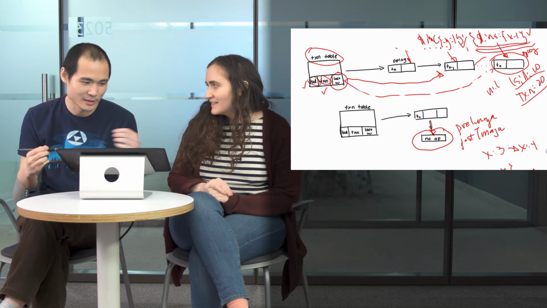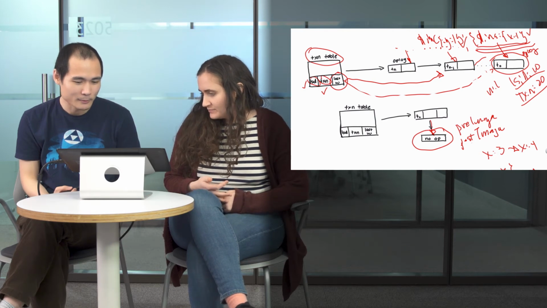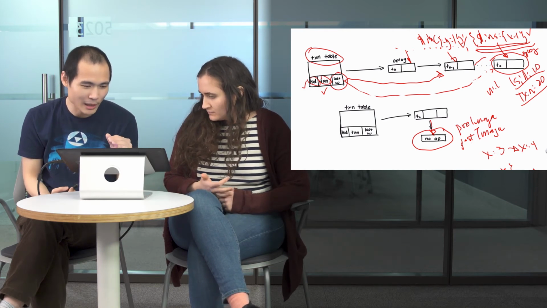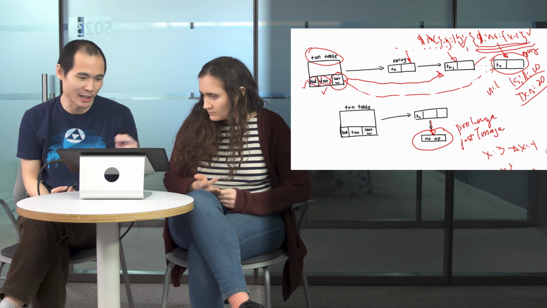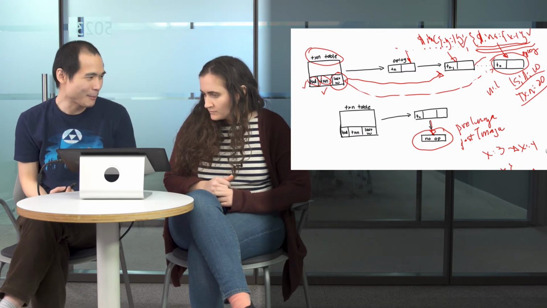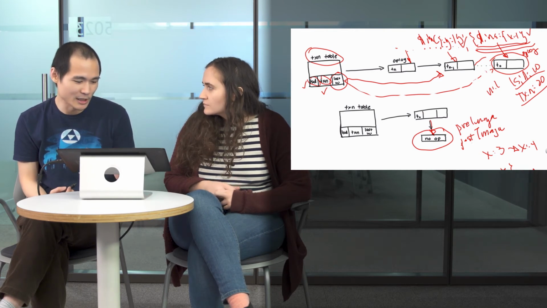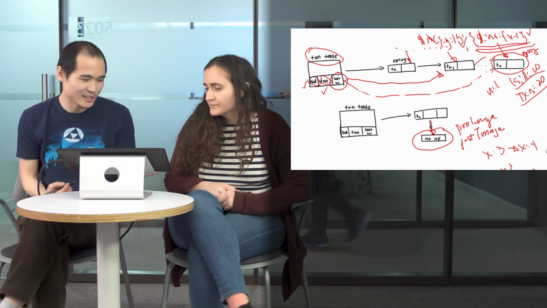Okay. So now I would like to talk about how we replicate the transaction table. But before that, I'm going to explain what will happen if we replicate the transaction table the normal way.